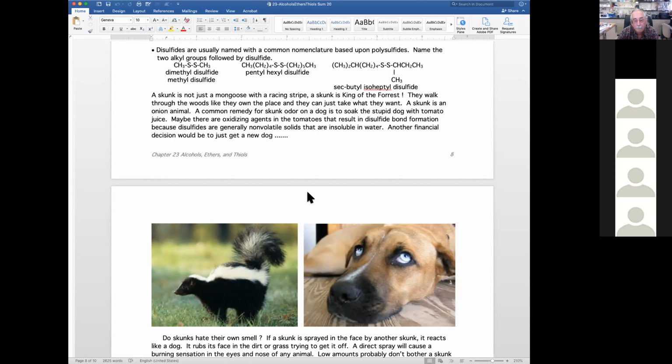I remember visiting her and her kids one time, and we're walking around the forest, and oh my God, is that a skunk? It's like a mongoose with a racing stripe. That skunk was just cruising around the forest like it wasn't afraid of anything. I'm asking my sister, aren't there bears and stuff here? And they go, yeah, but they don't bother the skunks. So the skunk is king of the forest.